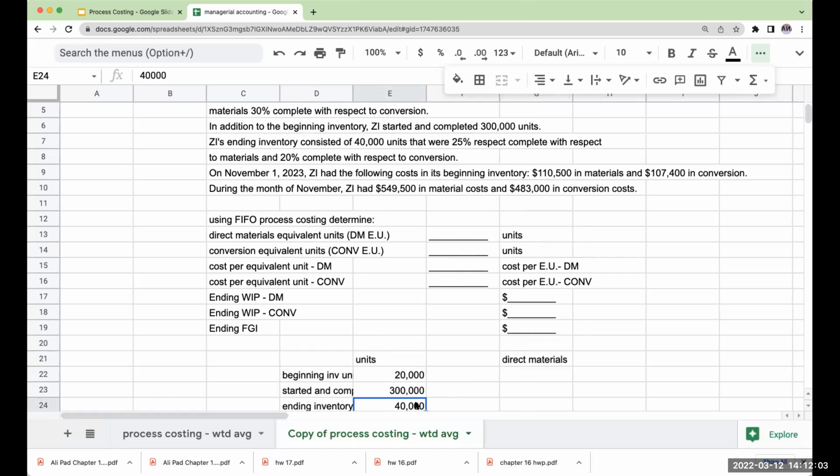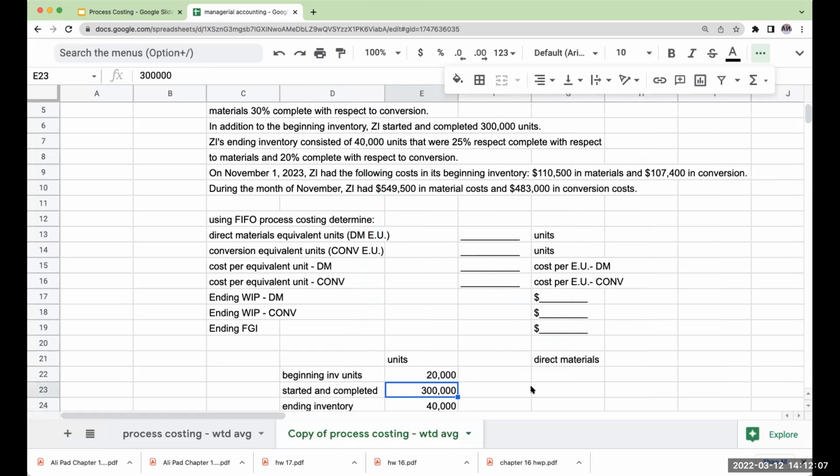So these units here are different than the started and completed, right? So I cannot compare these 40,000 units in ending inventory to these 300,000 units. Why? It tells me here that my ending inventory consisted of 40,000 units that were 25% complete with respect to materials and 20% complete with respect to conversion.